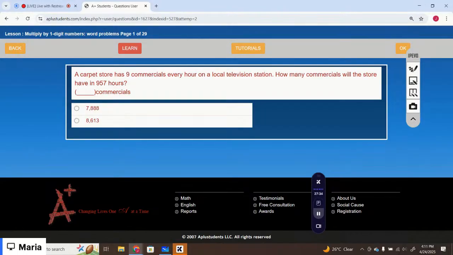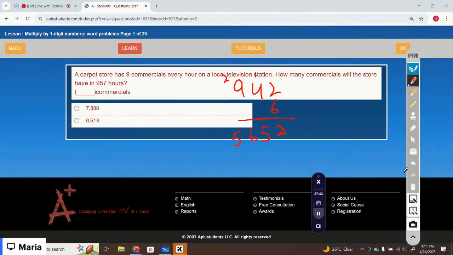How many commercials will the store have in 957 hours? 957 times 9. 9 times 7 is 63, write 3 here and carry 6. 9 times 5 is 45 and 6, 51, write 1 and carry 5. 9 times 9 is 81 and 5, 86, so that is 8,613.